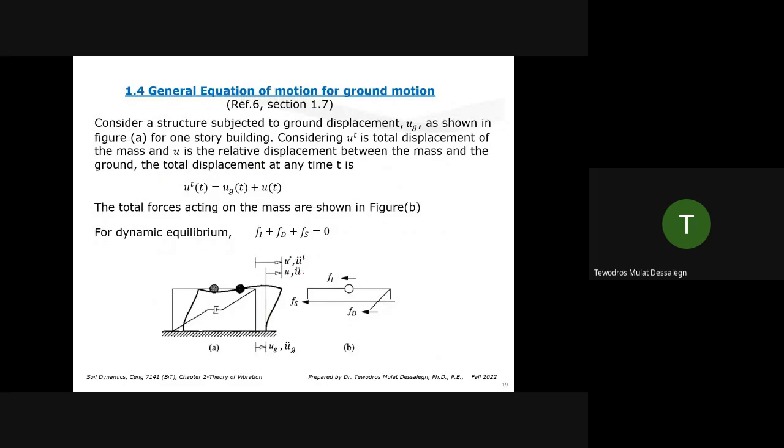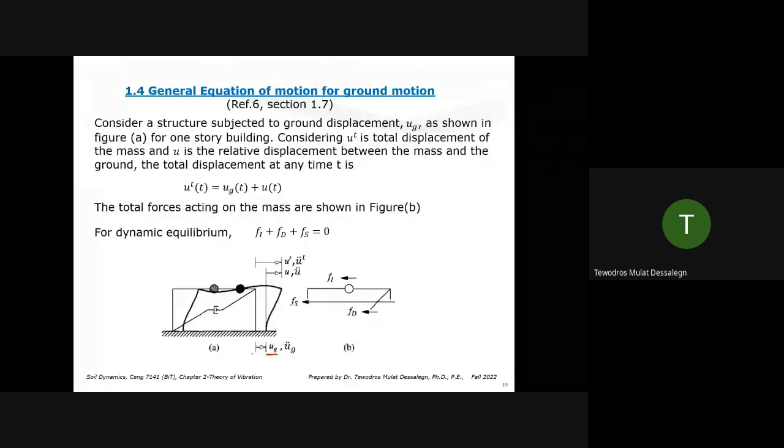Let's see the general equation of motion for ground motion. So far it has been for externally applied load. Now for a ground motion, let's say you have a one-story building like this, simplified with a frame model. The mass is lumped at the center, and you have these columns and beam. It's moved by u_g.